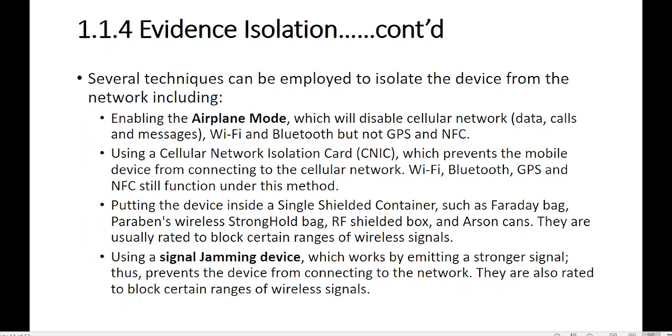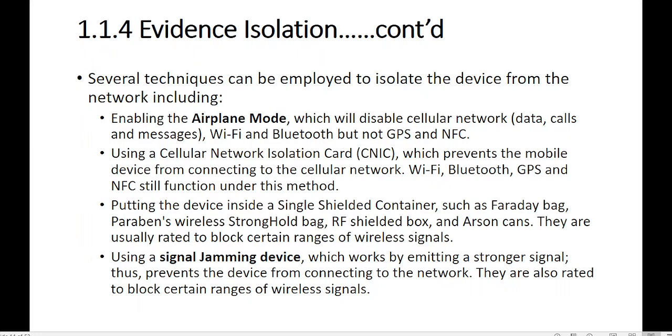I believe you have handled this before. You don't want someone to sometimes bother you, so you put your device into airplane mode. Now, be very cautious with these evidence isolation strategies. For example, when you enable the airplane mode, you only disable what?